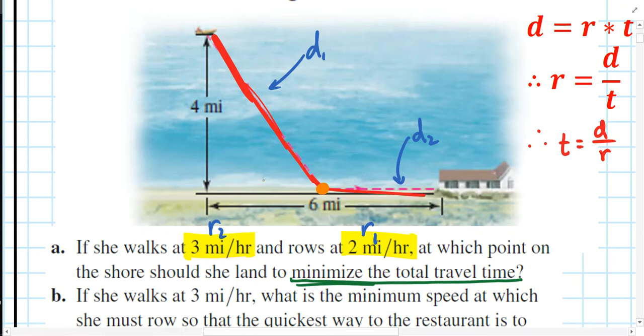So what I'm going to do is label this position, or this distance, x. So from perfectly perpendicular to the point at which she lands on the shoreline, we'll call that x. And therefore, this distance here, we will consider as 6 minus x miles. And now to provide some additional information, or perhaps clarity with the equations, we'll then say that y is equal to 4 and that x, well, this is our unknown.